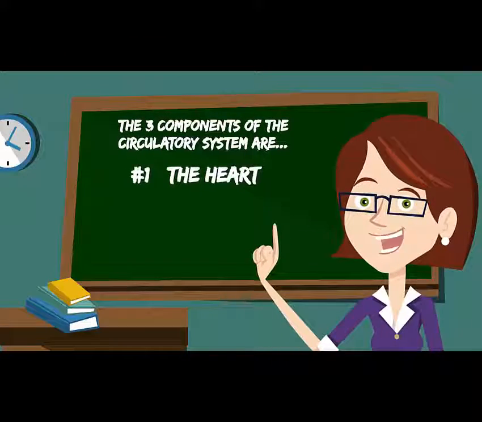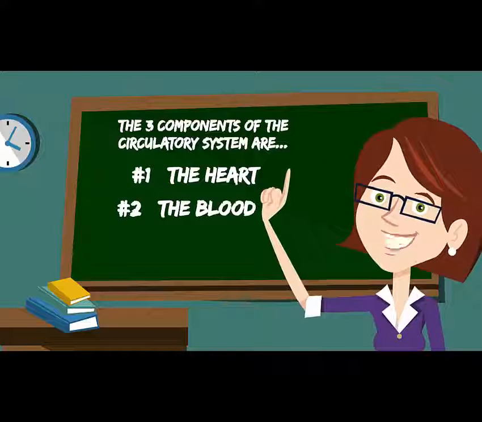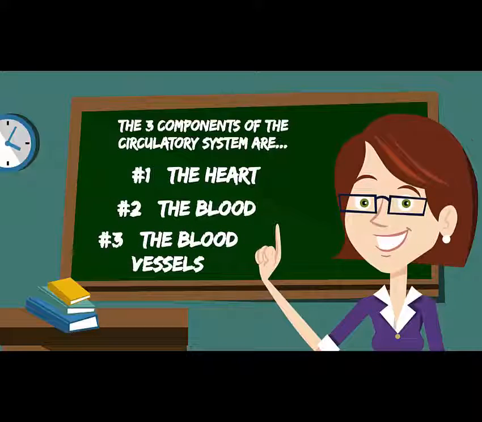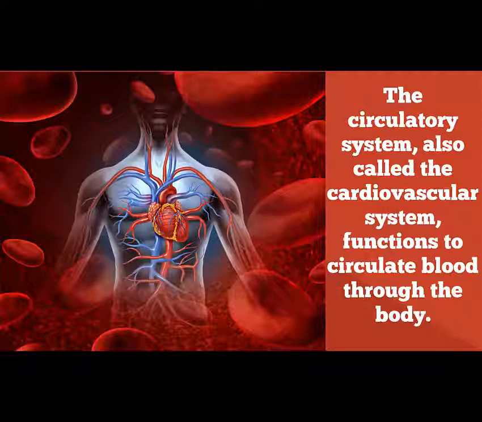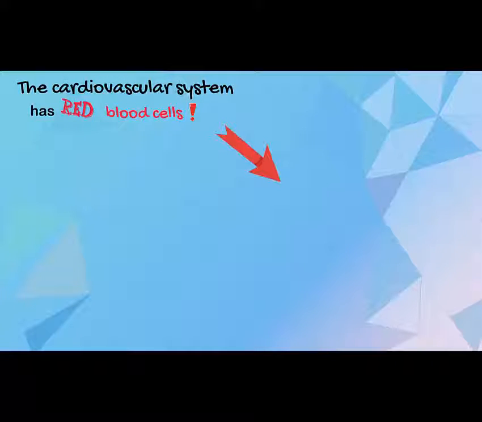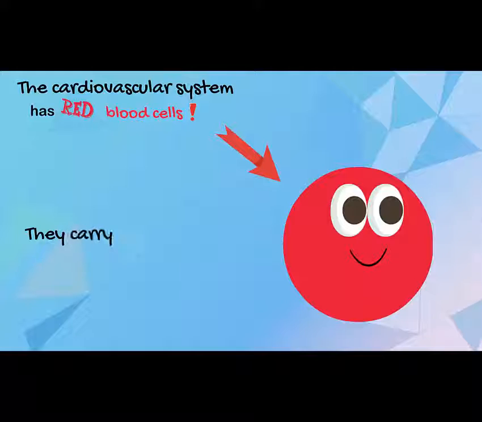The three components of the circulatory system are the heart, the blood, and the blood vessels. The circulatory system, also called the cardiovascular system, functions to circulate blood through the body. The cardiovascular system has red blood cells.